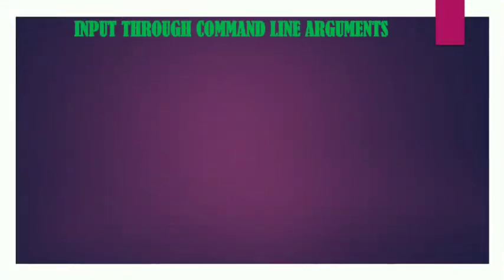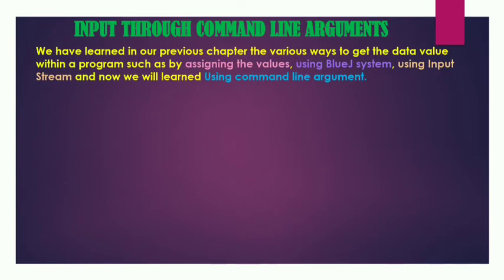Next is input through command line argument. Now we have learned in our previous chapter the various ways to get the data values within a program. So we have already done a program by assigning the values through an assignment statement.